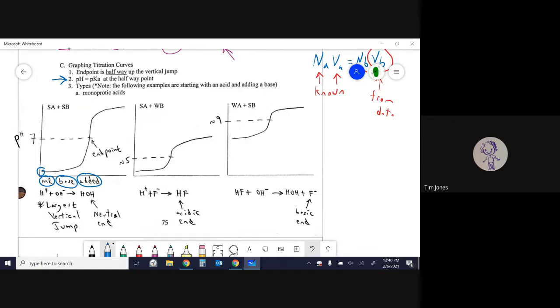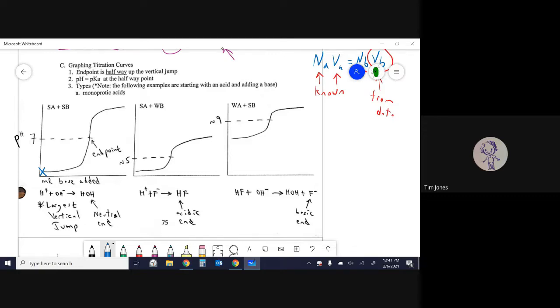So first, let's just take a look at why is the pH increasing? Well, you're starting with an acid, as I mentioned. Let me get rid of some of this stuff right here. So it's going to be a low pH, not necessarily that low. This is just an example. As you add strong base, you're neutralizing the acid.